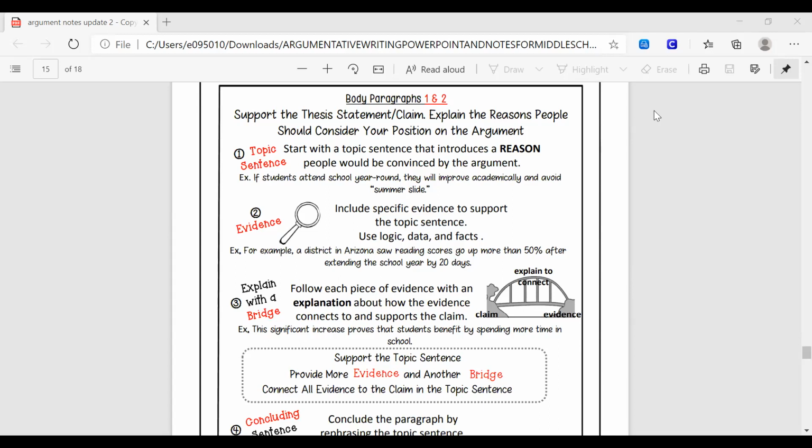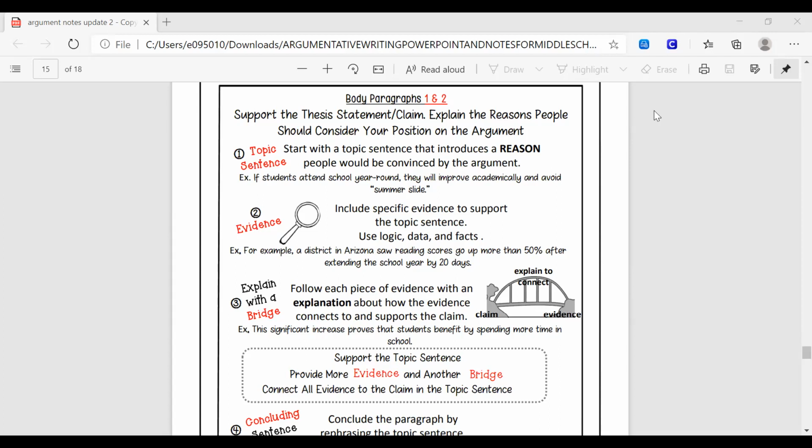Start with a topic sentence that introduces a reason people would be convinced by the argument. They give us an example. Remember, this is not your introduction, this is body paragraphs 1 and 2: If students attended school year-round, they would improve academically and avoid summer slide.